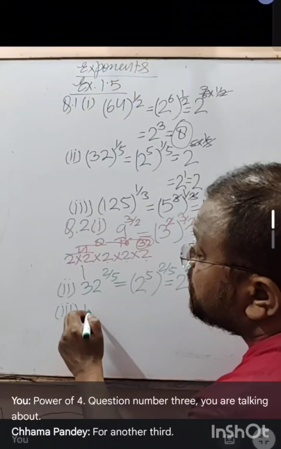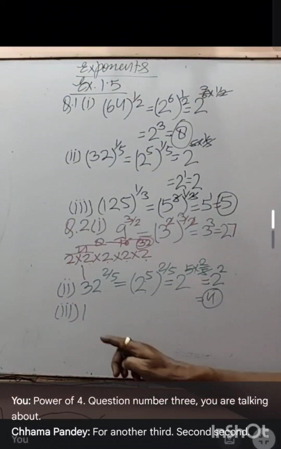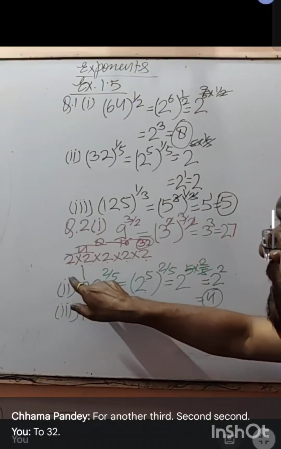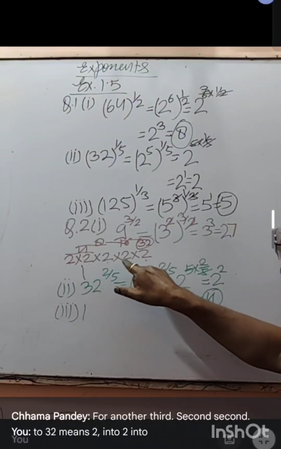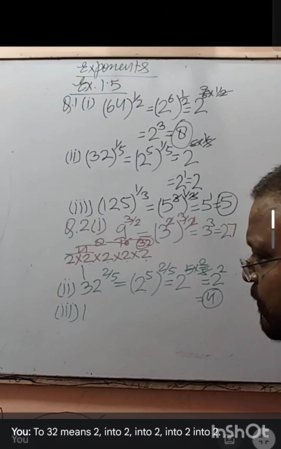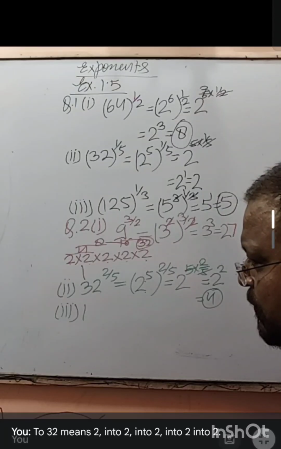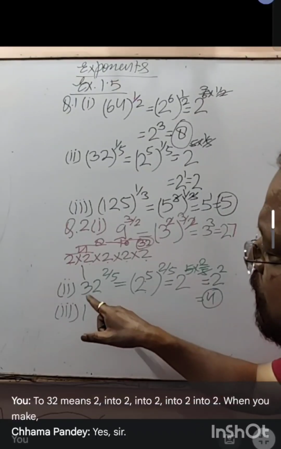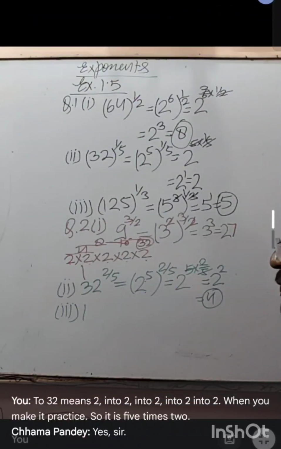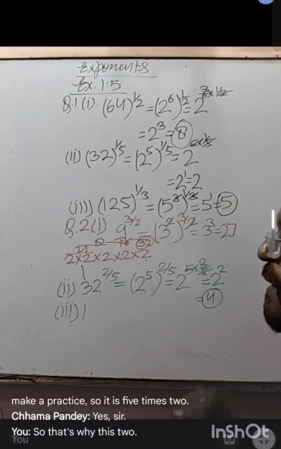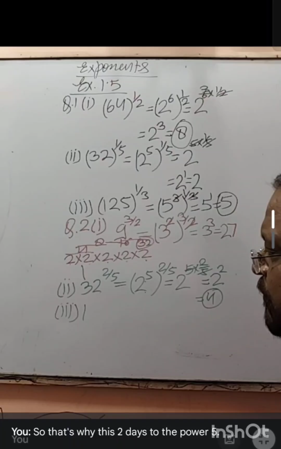No, sir, third, second. 32 means 2 into 2 into 2 into 2 into 2. When you make a factor, it is 5 times 2. So that's why it is 2 raised to the power 5. Okay, sir.